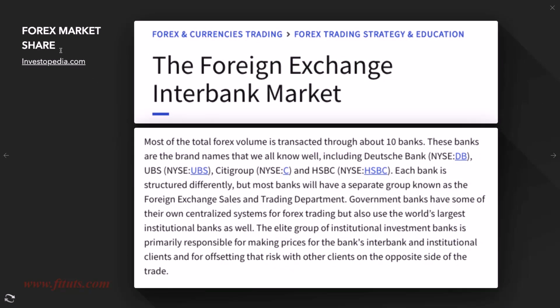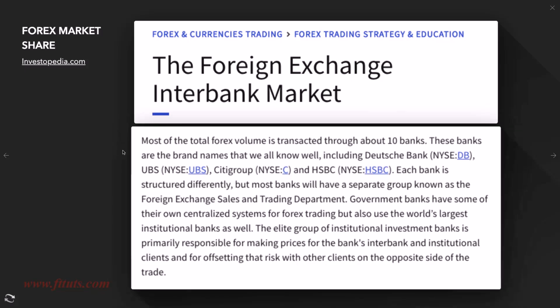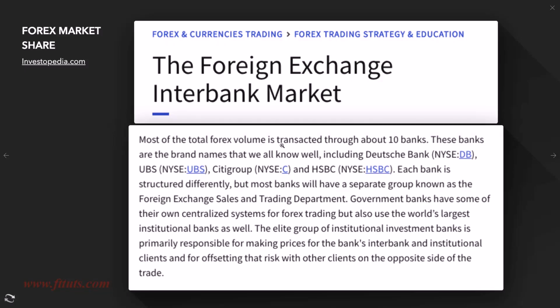So the Forex market share, foreign exchange interbank market, and I'll read a little bit of this. Most of the total Forex volume is transacted through about 10 banks, and main banks you'll hear about: Deutsche Bank, UBS, etc. The main thing I want to point out is that the elite group of institutional investment banks is primarily responsible for making prices for the banks' interbank and institutional clients, and for offsetting that risk with other clients on the opposite side of the trade, right?